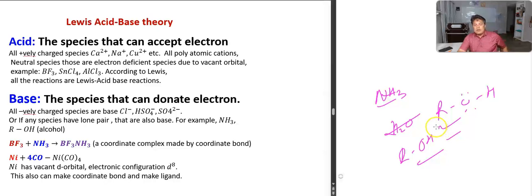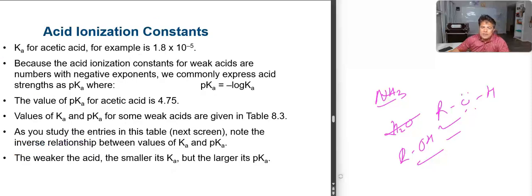These all are bases. Nickel has a vacant d orbital, with electron configuration d8. This also can make a coordinate bond and form ligands, right? So these are the Lewis definitions of acid and base: an acid is an electron acceptor, electron deficient, and a base can donate electrons.